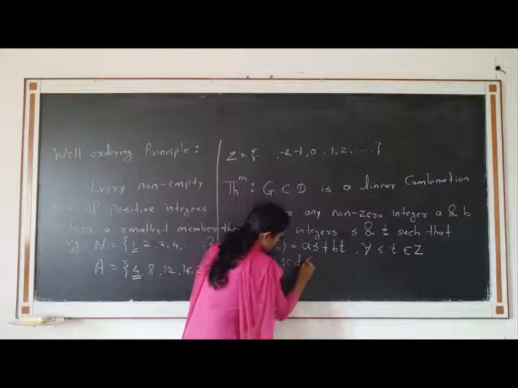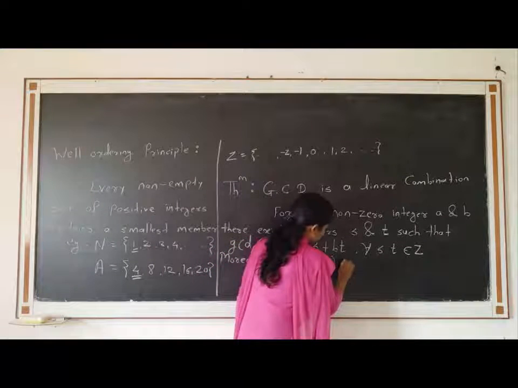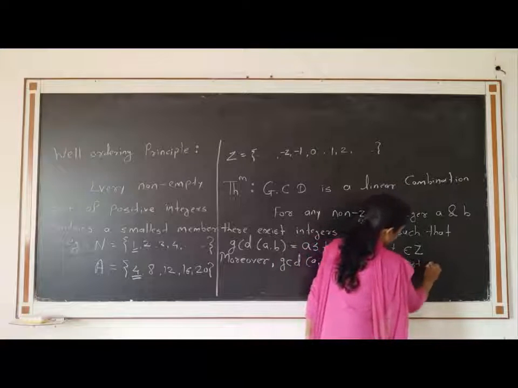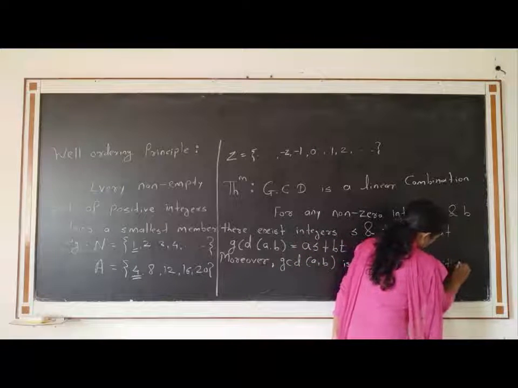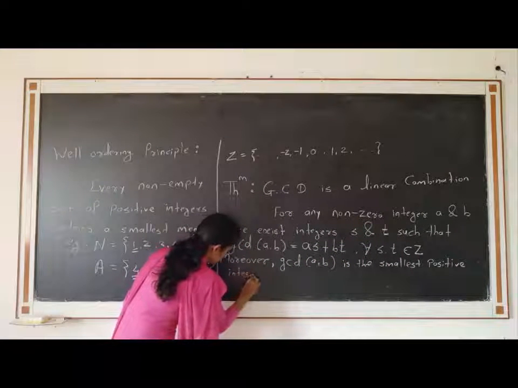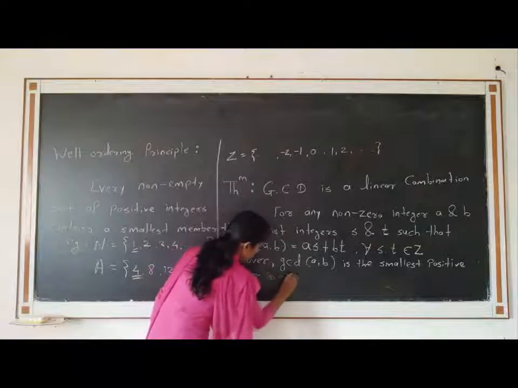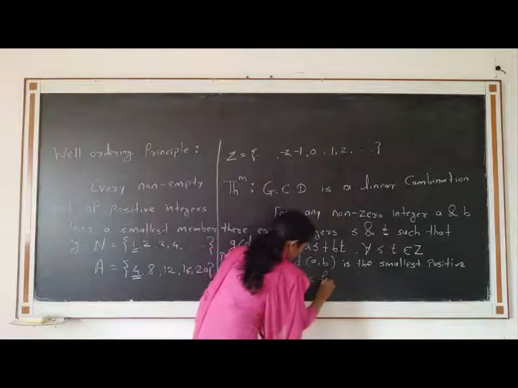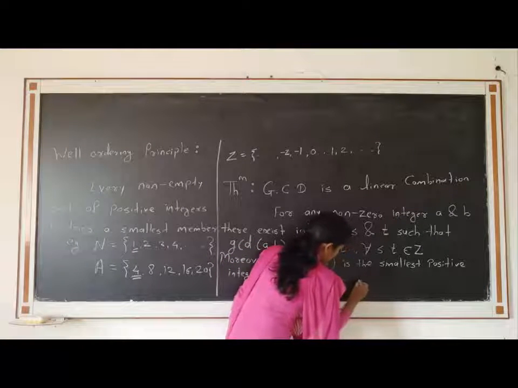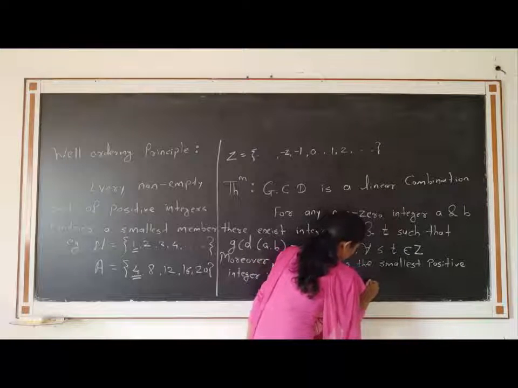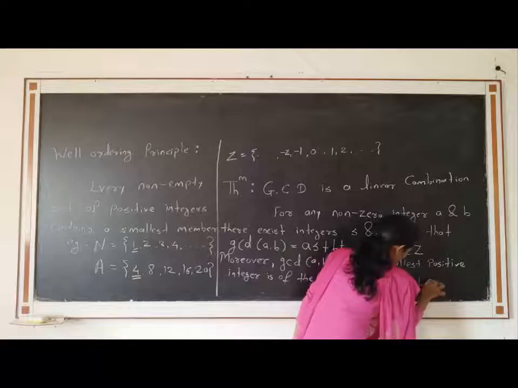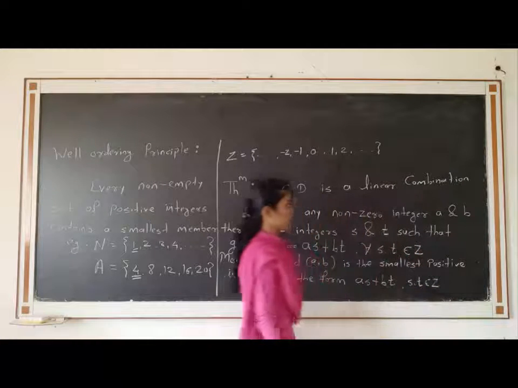GCD of A, B is the smallest positive integer of the form AS plus BT for S and T belonging to the set of integers.